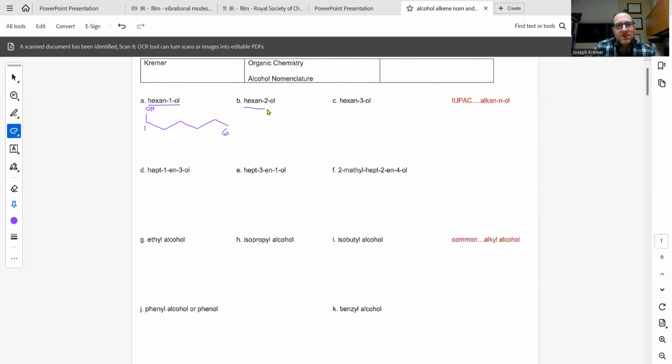Shall we try hexan-2-ol? And as you might have guessed, the hydroxyl is on the second carbon of the chain. So be it. These molecules, hexan-1-ol and hexan-2-ol, have different physical properties.